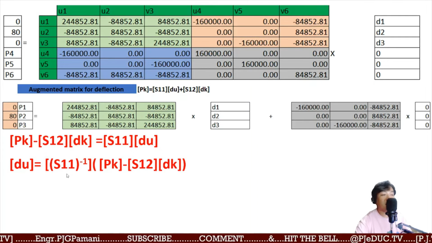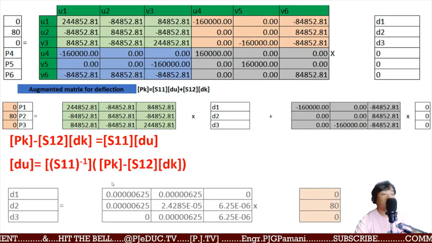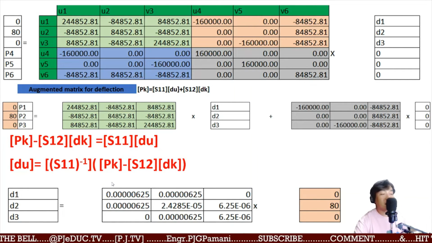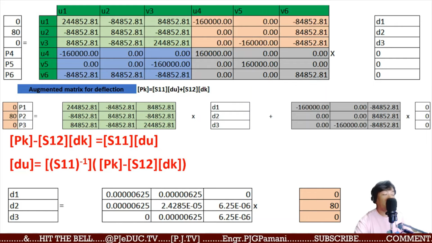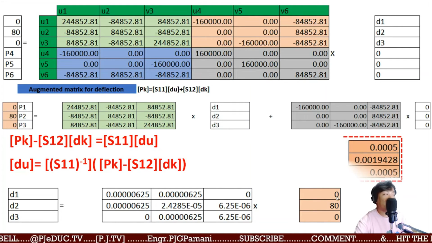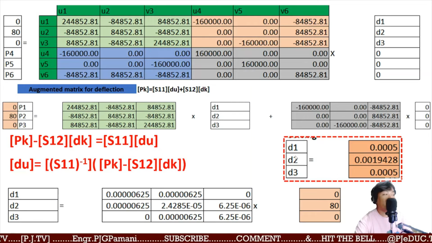The inverse of this matrix times this matrix is simply this one. So what is the inverse of this matrix? The inverse of this matrix is this. Multiply it with this matrix: 3 by 3 times 3 by 1 gives us a 3 by 1 matrix, which gives us the deflection on components 1, 2, and 3.